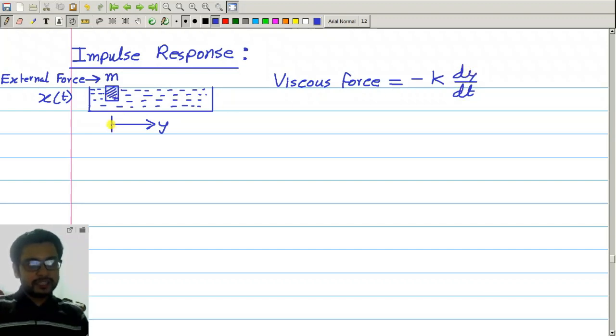If the speed is towards the right, then the force will be towards the left.